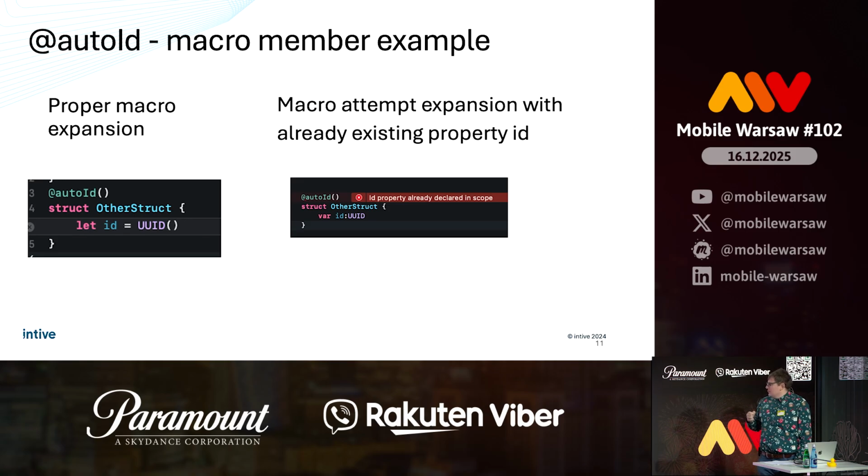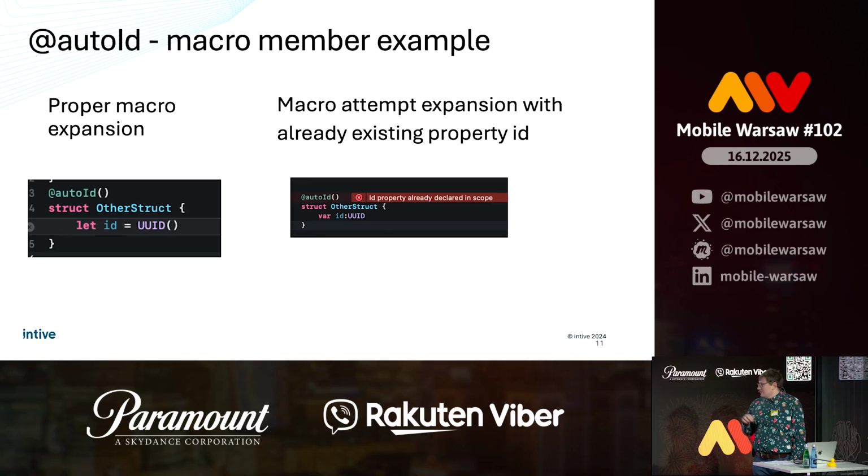And this macro first checks whether an ID property exists in the object, and if it already exists, it returns an error that this macro cannot be executed because the object already contains an ID field.